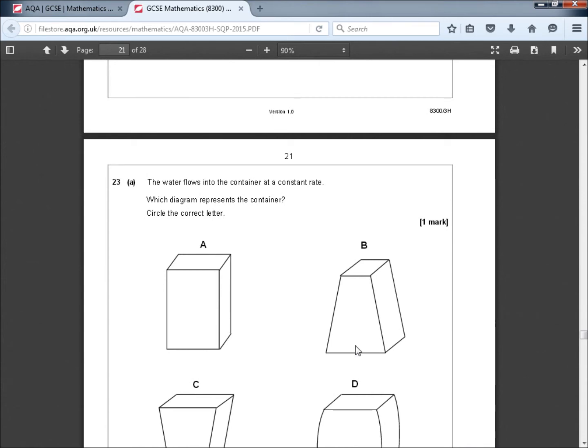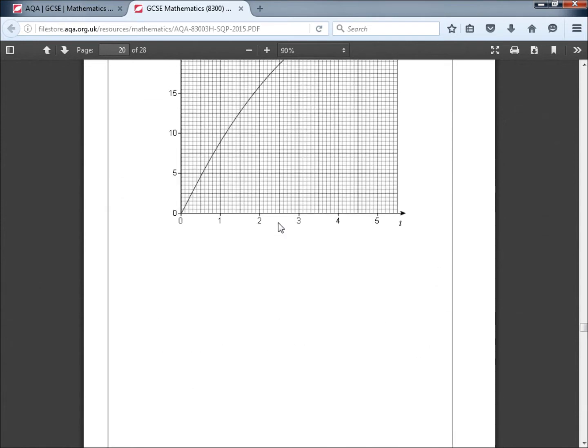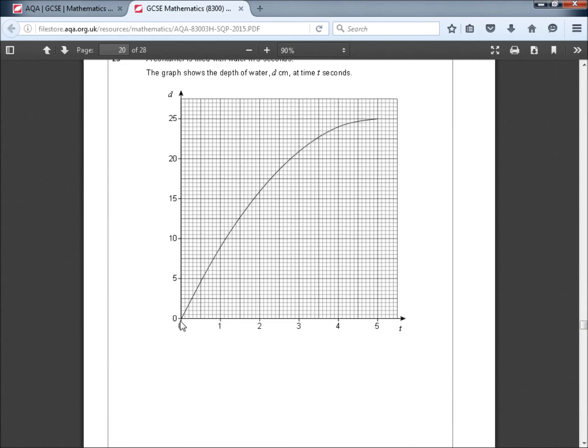In B, it would fill up slowly at first, and then the depth would get faster and faster as the width narrows. So we would expect the curve to be slow and then increasing in speed, almost the mirror image of this one.